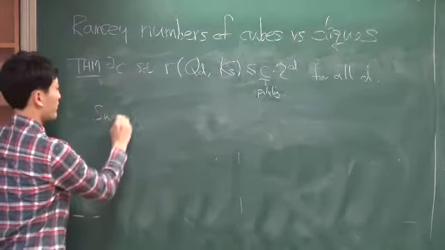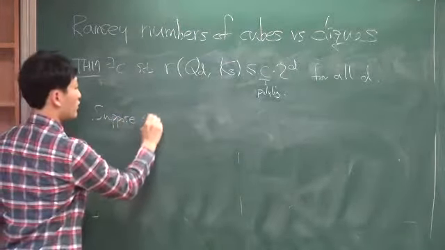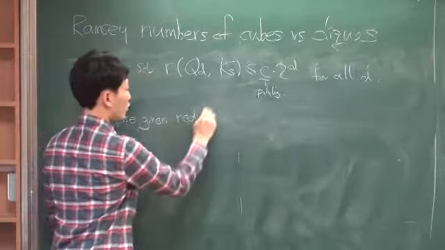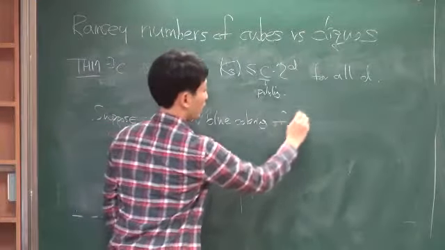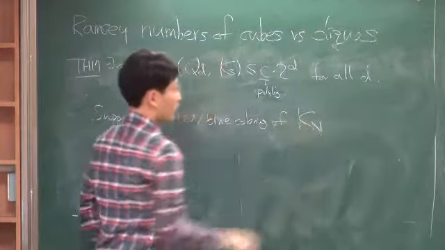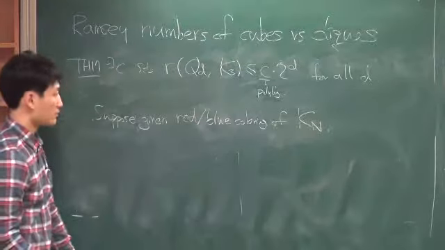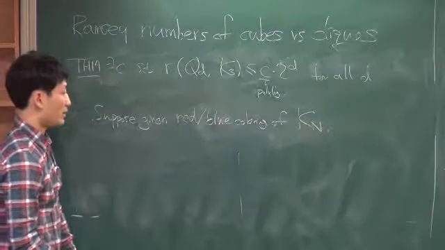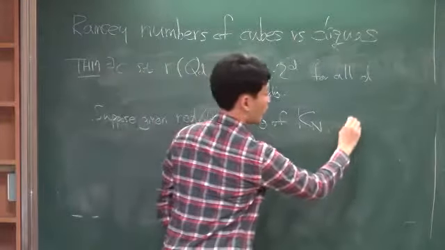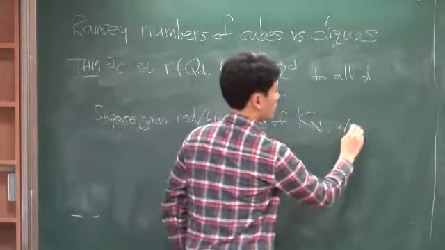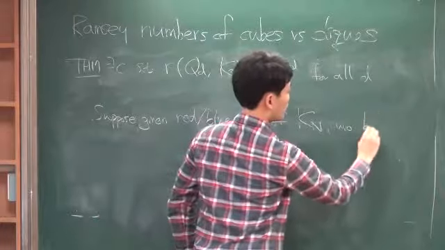Suppose we're given a 2-coloring, a red-blue coloring, of the complete graph on n vertices. We don't know what n is yet. And we further suppose that there is no blue triangle.